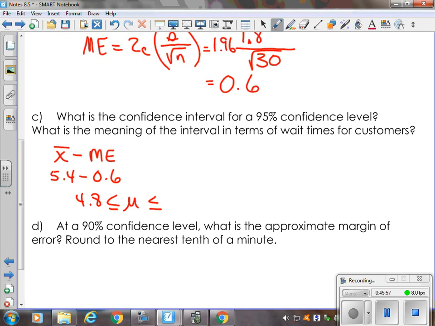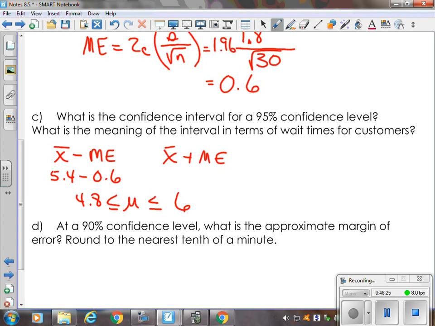This is always written as a between, and they always use the Greek letter mu because that is the correct letter for the average of a whole population, where x bar is just a sample. Then take x bar plus ME, margin of error, to figure out the highest value my average of the whole population could be. 6. Okay.